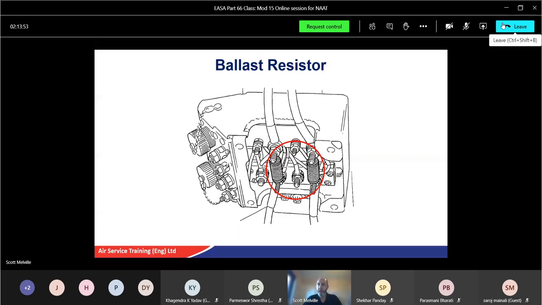The first one is the ballast resistor, and the ballast resistor is fitted to ensure that the engines all read the same on the indicator. Now they won't all technically be the same on each engine, but the pilot just wants to see, let's say, that the reading for maximum thrust is 600 degrees.